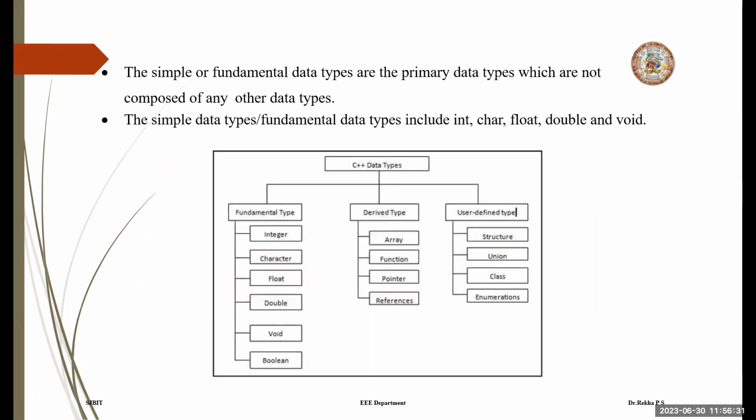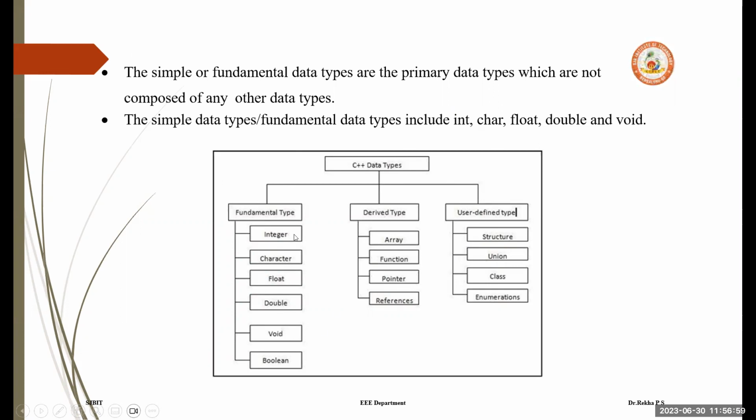So coming to fundamental, the simple or fundamental data types are the primary data types which are not composed of any other data types. So the fundamental data types include int, char, float, double, and void. You can see the chart here, that is C++ data types is divided into three types: fundamental data types, derived, and user-defined.